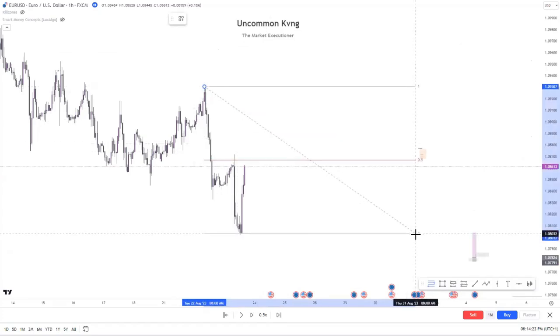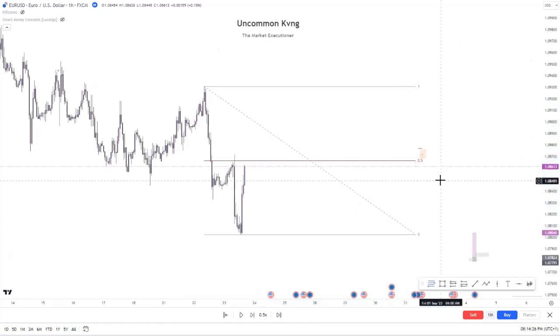Now, because we have identified the trend as a downtrend, on this trend we would only be looking for where to sell, right? So since this has printed the recent high that broke the structure of the previous low, and then at this point has printed a new low, we use our Fibonacci tool to identify the high and low, and then we look for points of interest within the premium zones that we can actually execute our trades from.